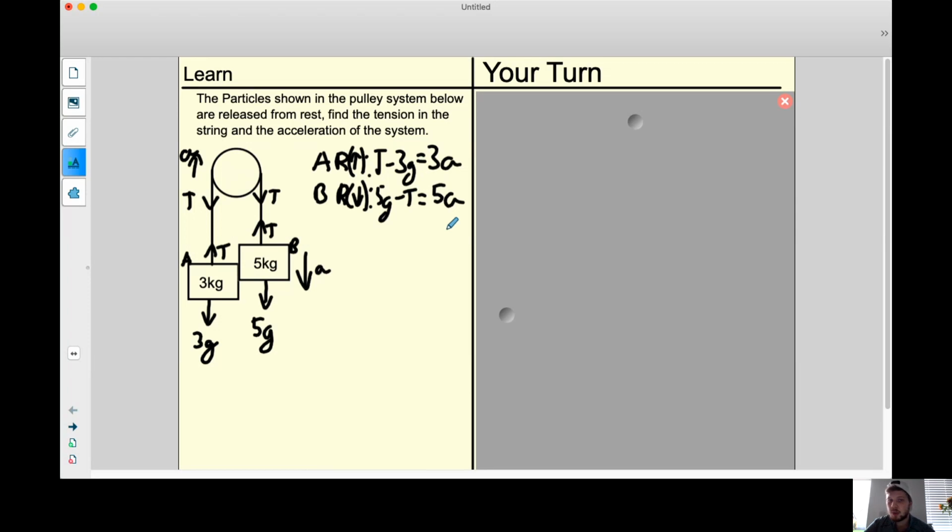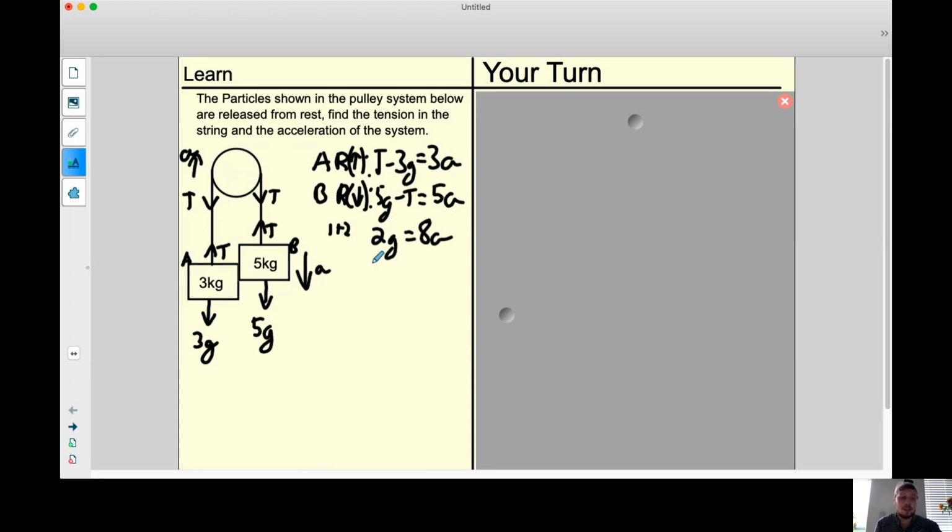If I add these 2 equations together, so equation 1 add equation 2, well, T add negative T is going to cancel out, and 5g add negative 3g is going to be 2g. So I'm going to get 2g equals 8a. And now 2g is just 2 multiplied by 9.8.